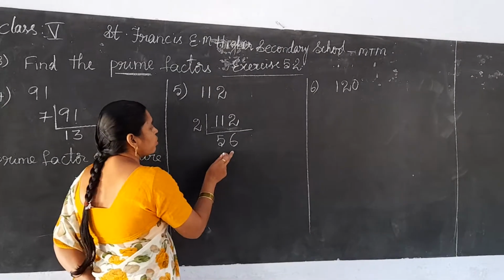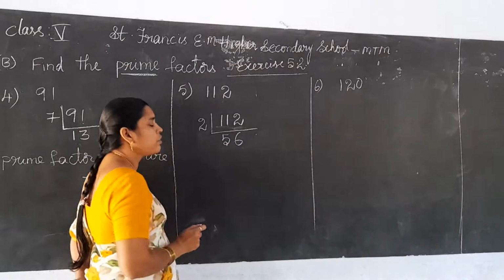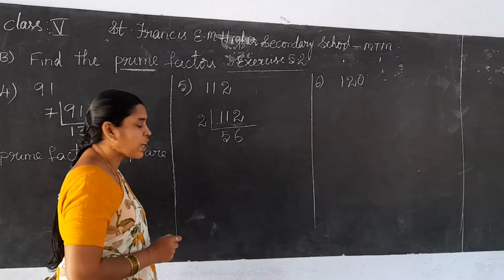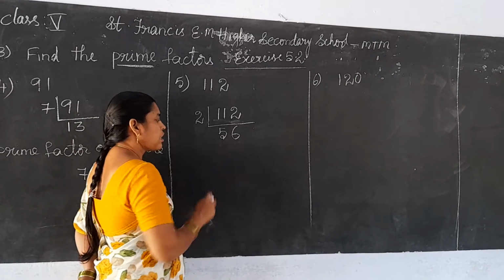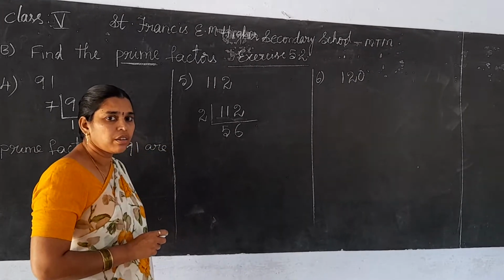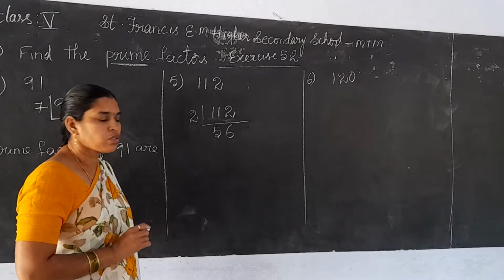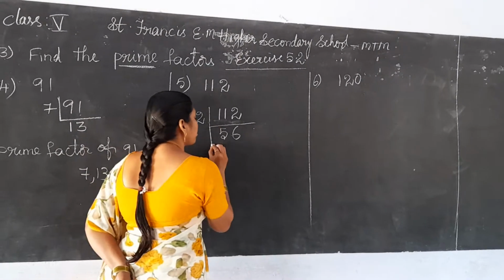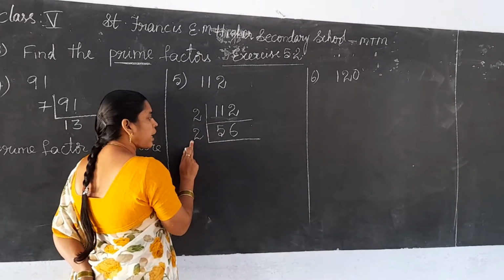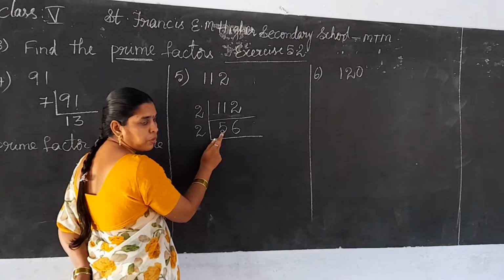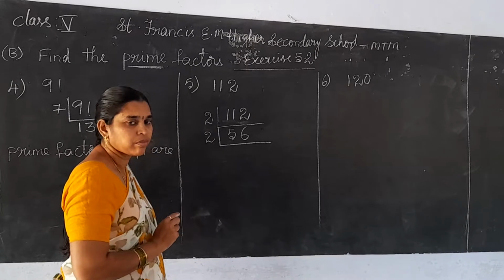Right? Now, what is the number here? 56. What is the ones place digit in 56? 6. So is it even or odd? Even. So it is also divisible by 2. Right? Now, 2 how many times will go in 5? 2 times.